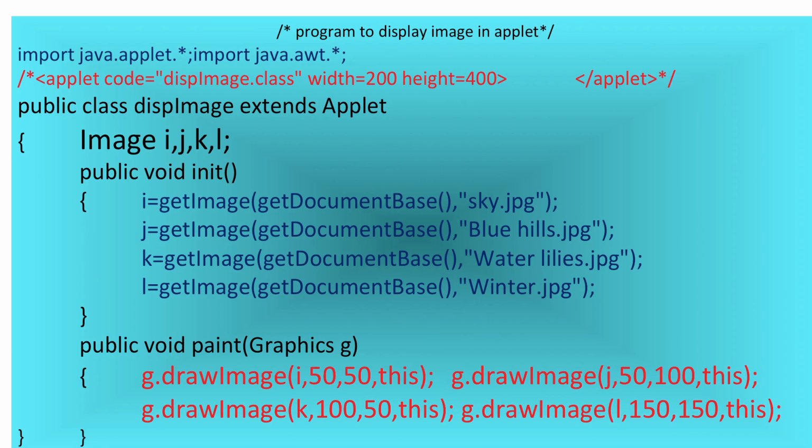So g.drawImage I is displayed at the 50, 50 coordinate of the same applet, and the second statement g.drawImage J at the 50, 100 coordinate under the same applet. The third line g.drawImage K at the 100, 50 coordinate, again inside the same applet, and g.drawImage L at 150, 120, this. So these are the 4 different images.